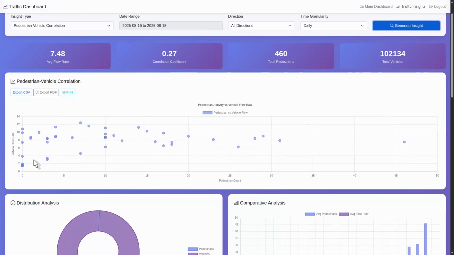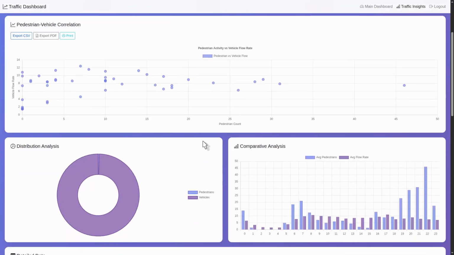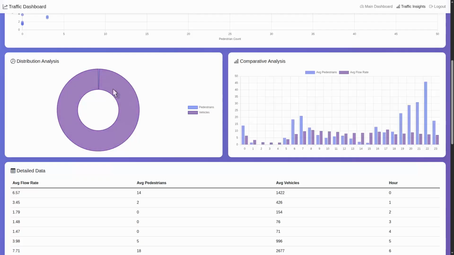Pedestrian vehicle correlation, that's an interesting insight. Although there is no direct correlation, we try to map the average pedestrians and average flow rates.